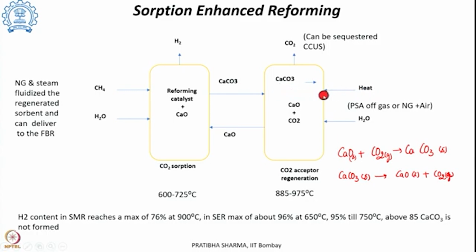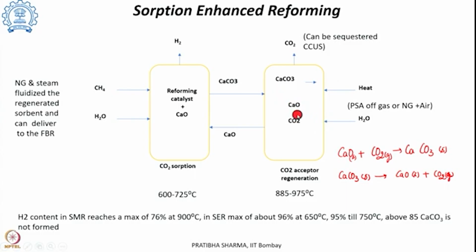The required heat of the reaction is provided either by means of PSA off gas or natural gas along with air being fed. So, natural gas here acts as a fuel to provide the required heating conditions for the regenerator unit.